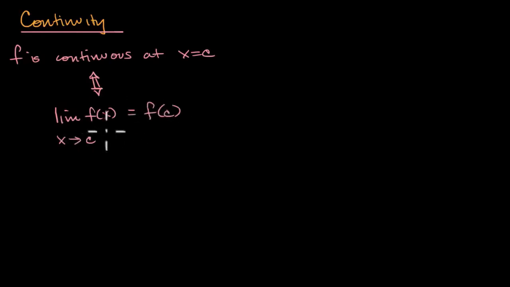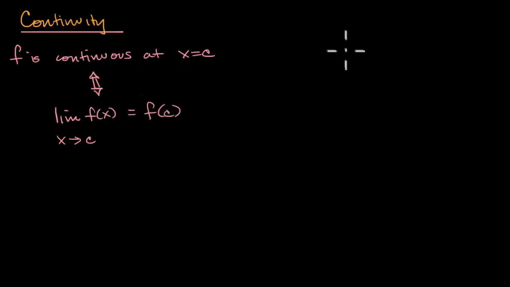So this seems very technical, but let's just think about what it's saying. It's saying, look, if the limit as we approach c from the left and the right of f of x is actually the value of our function there, then we are continuous at that point.